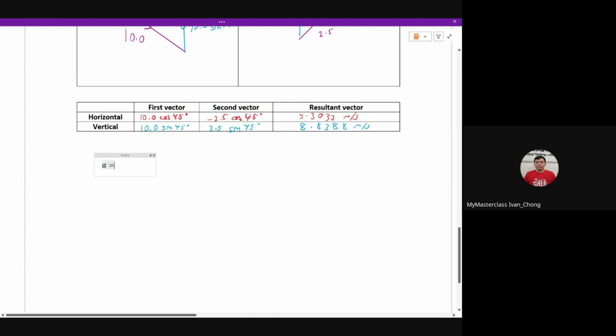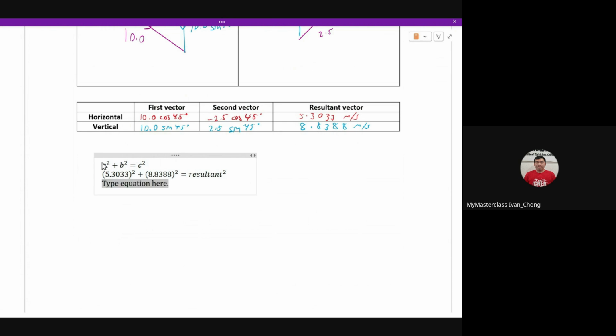So now if I want to find my resultant vector, all I need to do is use Pythagoras theorem. A squared plus B squared equals C squared, right? So all I need to do is take my 5.3033, I square it, and I add up 8.8388, I square it, equals to my resultant squared.